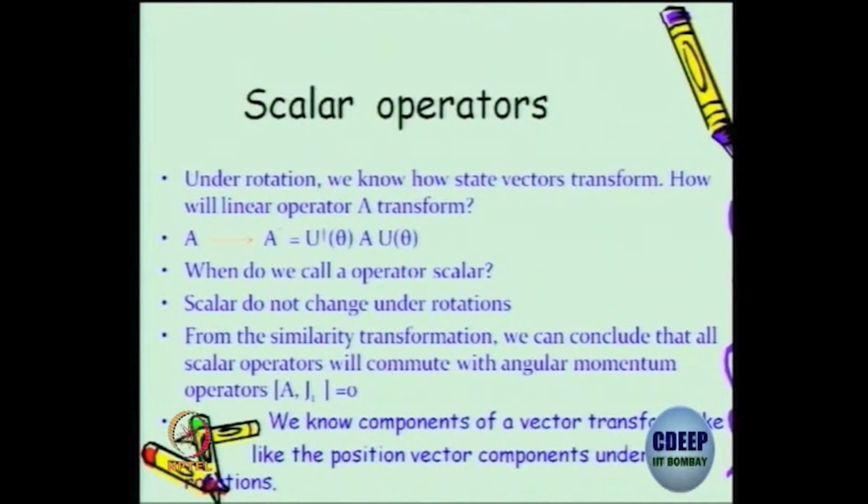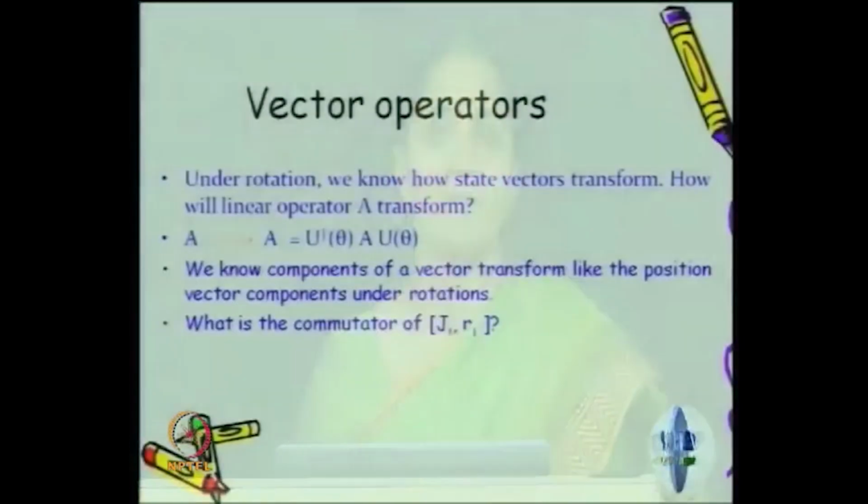Even amongst the vectors, there are some more distinctions: those which change under parity and those which don't, polar vectors and axial vectors. Let's not get into that. At least for proper rotations, there is no difference. And under proper rotations, any vector will transform like the components of a position vector. This you know from classical mechanics.